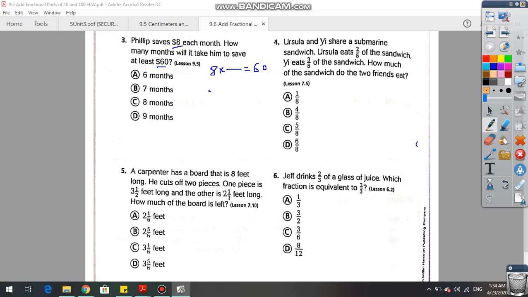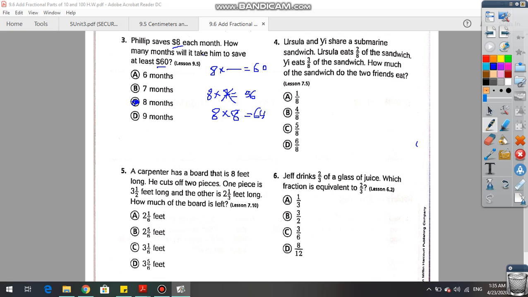So 8 times 7 equals 56. So I can't choose 7. Let's say 8 times 8 equals 64. So I'm going to choose 8. Why? Because it's 60 or more than 60, but not less than.